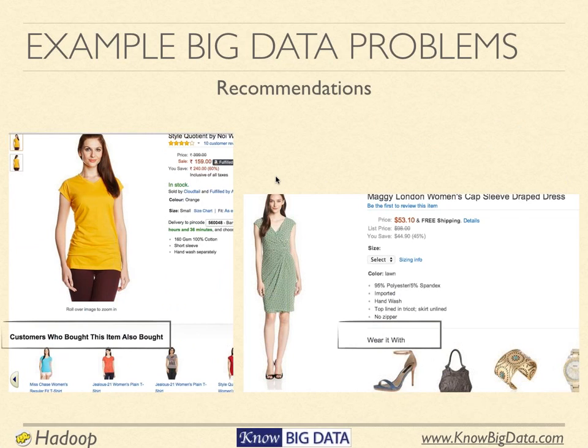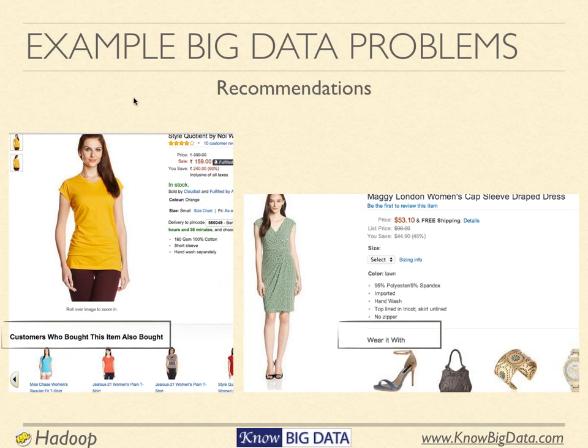Even if we do not know the purchase history of the end user, we can give product based recommendations. We call it product to product mappings. Customers who bought this also bought that, or people generally wear this cloth with these things.